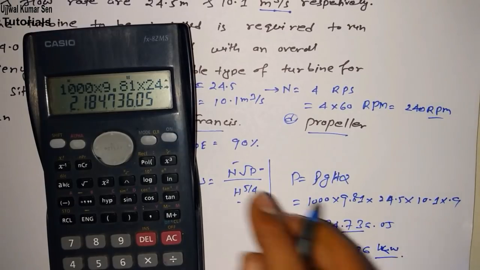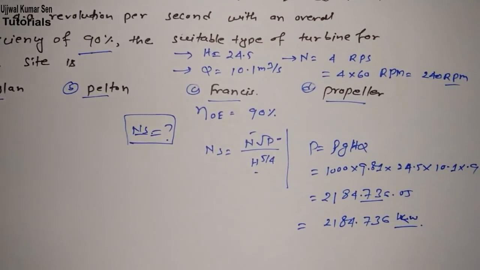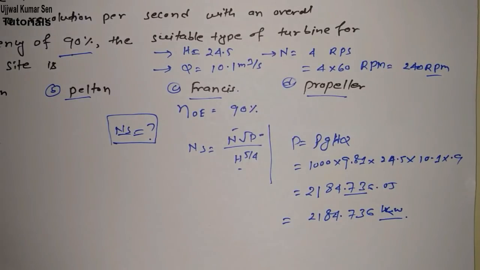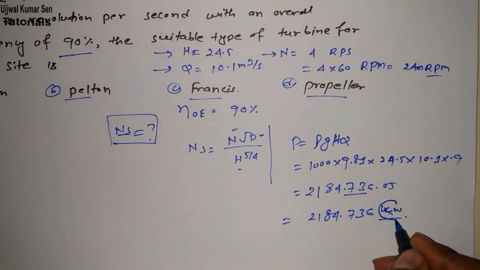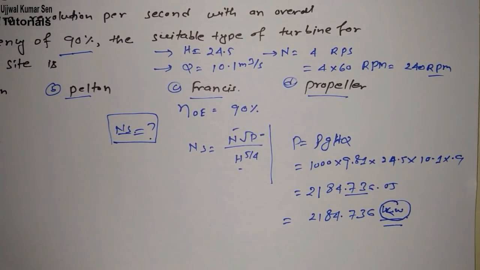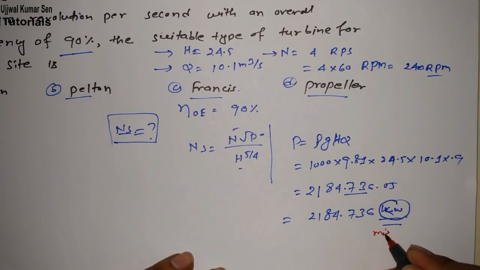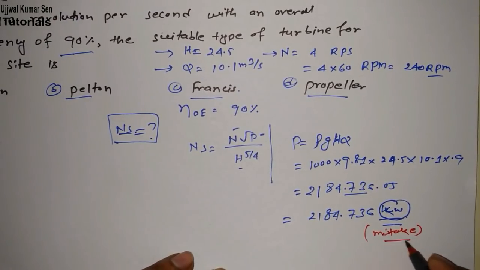Kilowatt. Okay, kilowatt. Now one more thing I haven't shared with you. If you are talking about a turbine, in case of turbine, if you want to find out specific speed, then N root under P power, that power should be in kilowatt. Here you can make a mistake, because power should be in kilowatt.